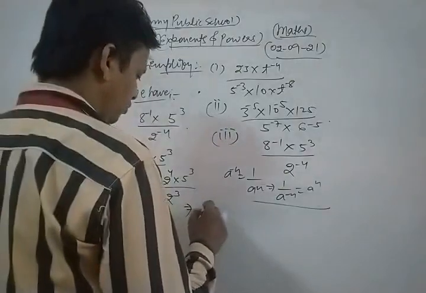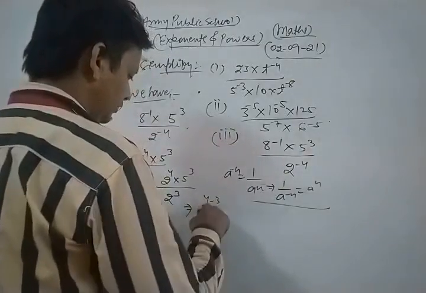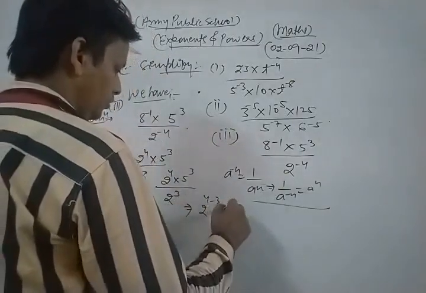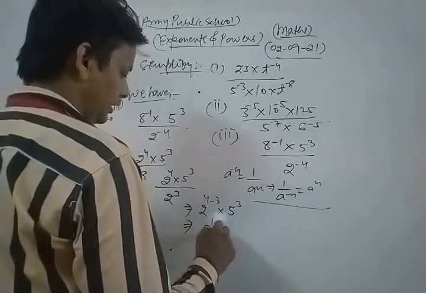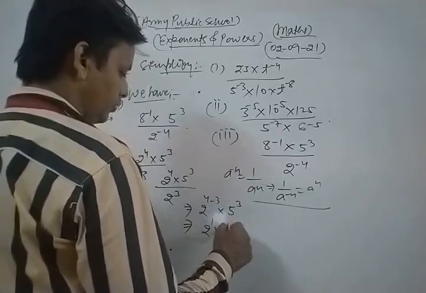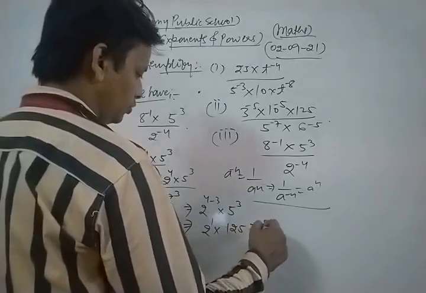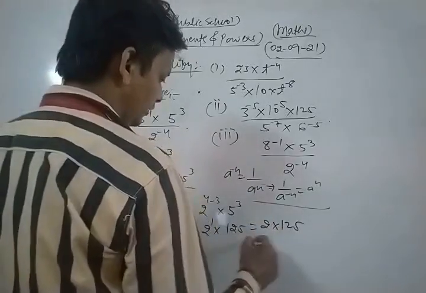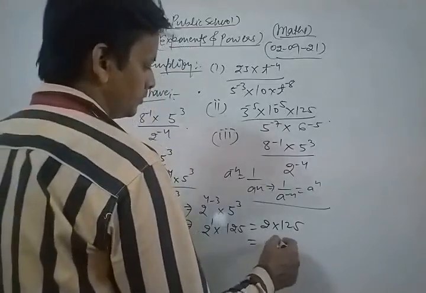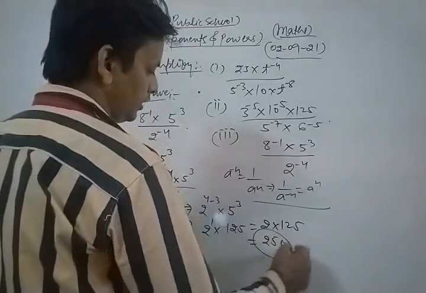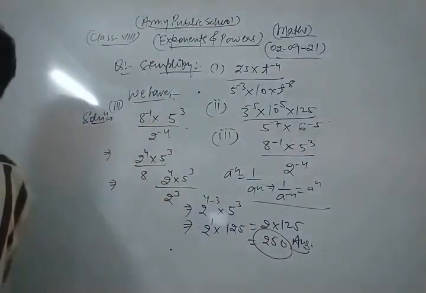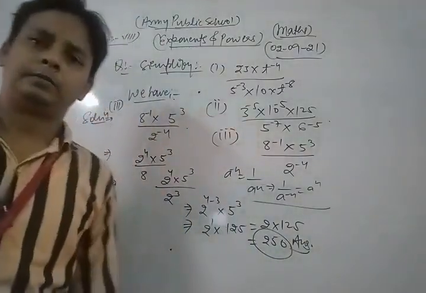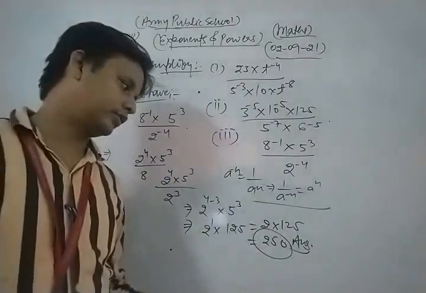So we have 2 power 4 minus 3 into 5 power 3, so we have 2 power 1 into 5 into 5 is 25, into 5 is 125. So 2 into 125, that is 250. So 250 is the required solution of the given question.